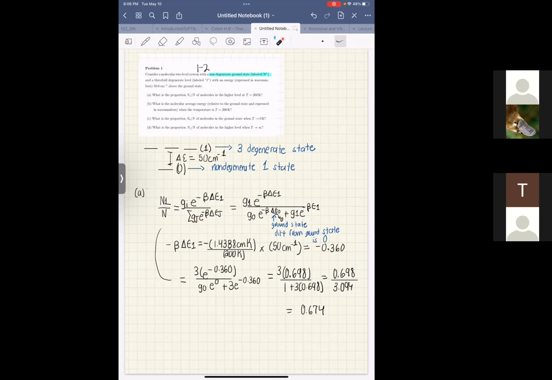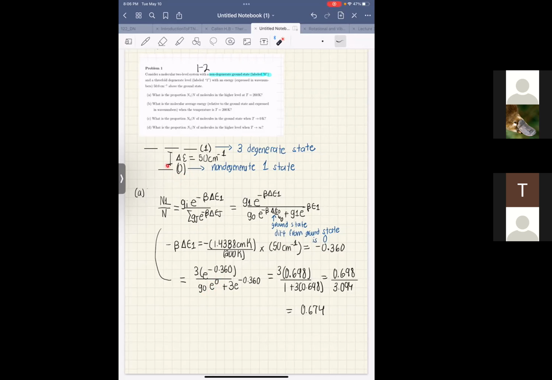Okay, so next part is just to plug in. And g of 0 is, because there's only one state, we're going to have it equal to 1 because of the non-degenerate state. And since it's relative to the ground state, that energy relative to the ground state is just 0.